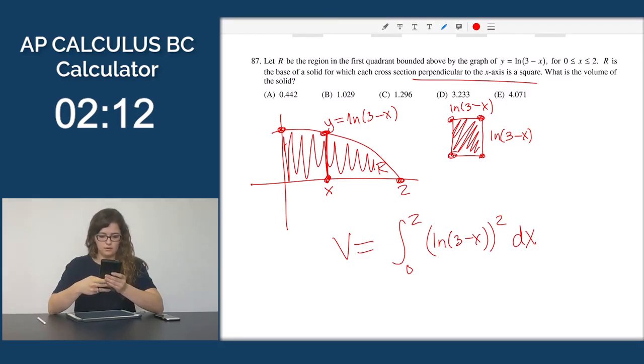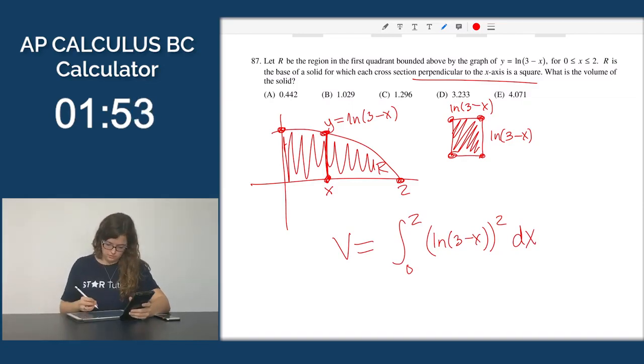So I've got the integral from 0 to 2 of natural log of 3 minus x all squared dx, which is 1.029.